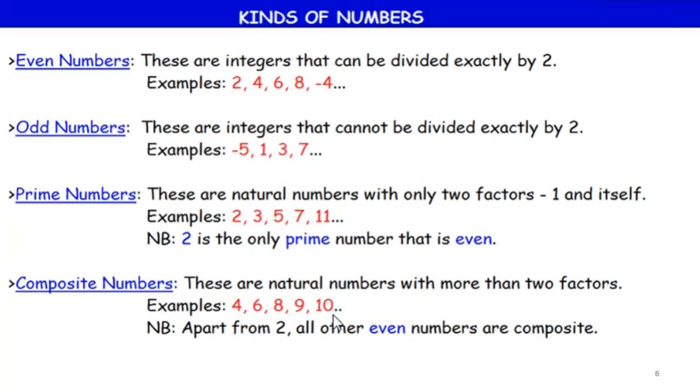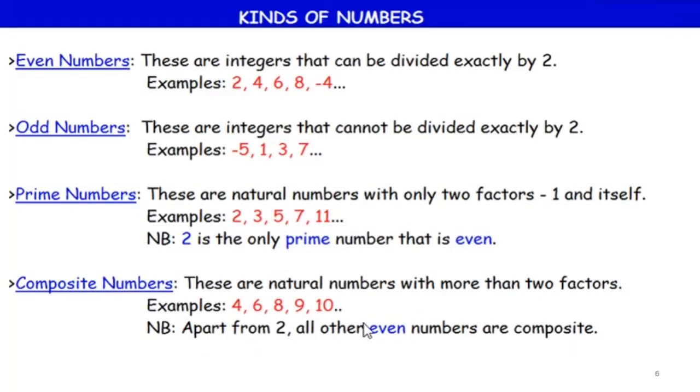You can talk of 12, 15, and the list goes on and on. Here too, apart from the even number 2, all other even numbers are composite.